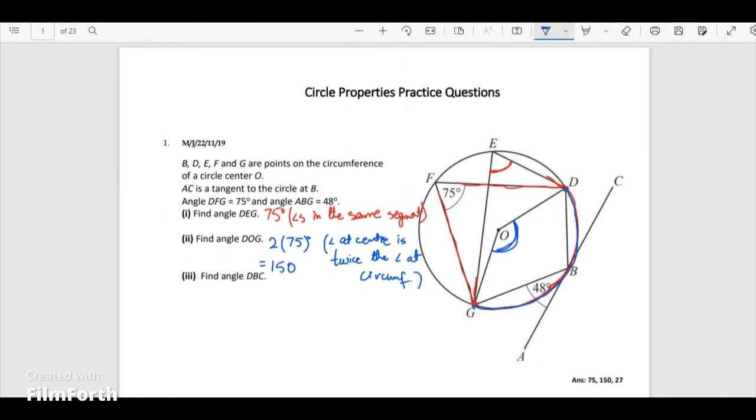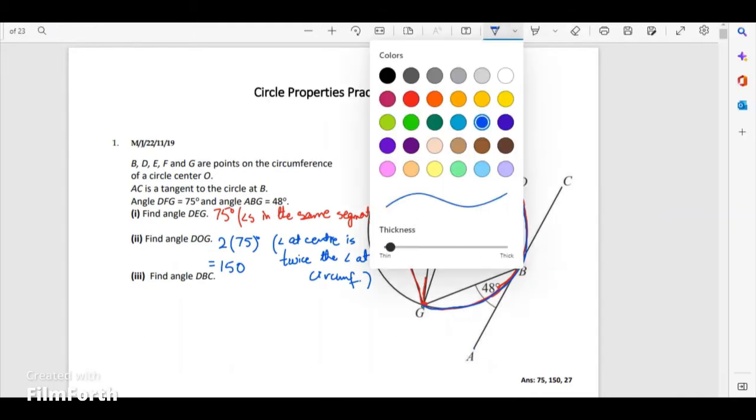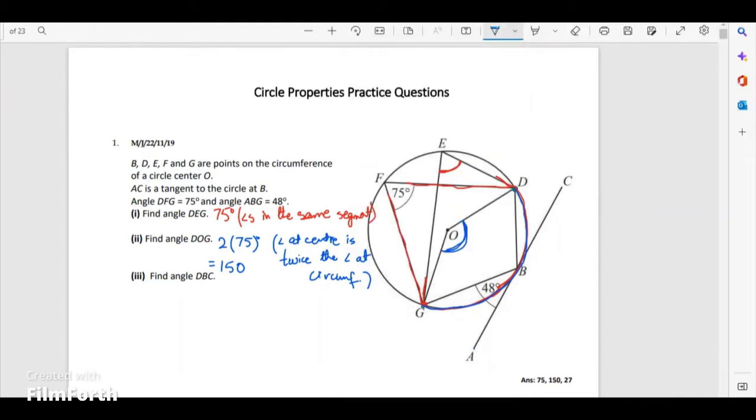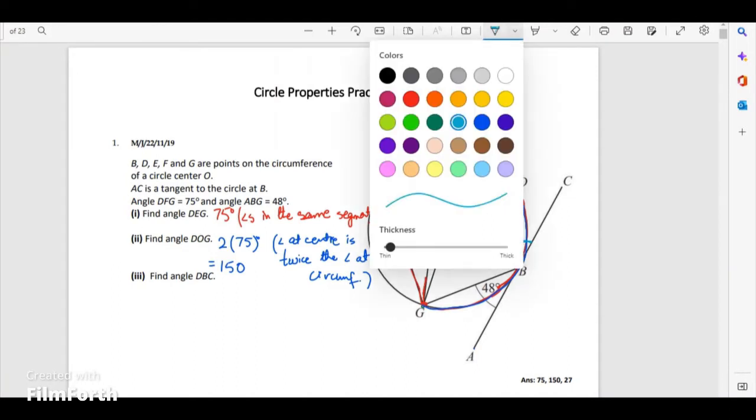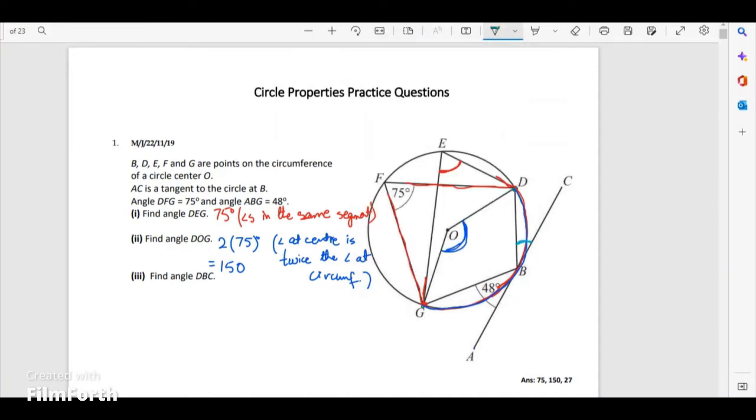Next up, we have to figure out the DBC angle. It's right here. Let's use some other color maybe. Okay, it's right here, the DBC angle.